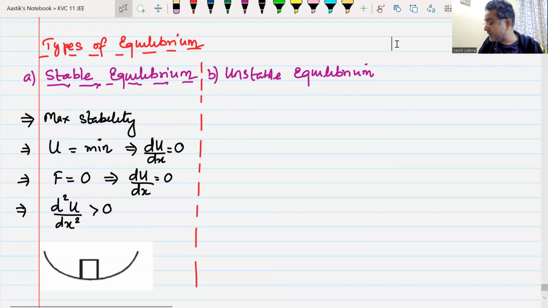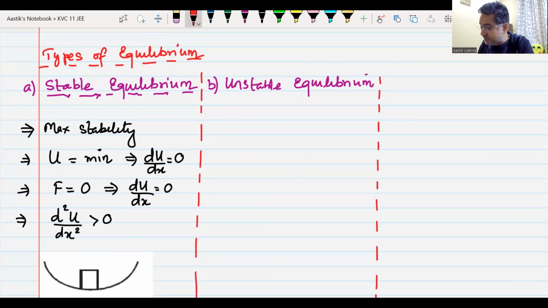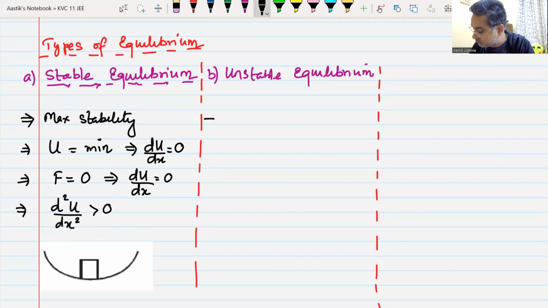Now, what happens in unstable equilibrium? Potential energy is maximum, sir. This is the condition of minimum stability. Potential energy is maximum.